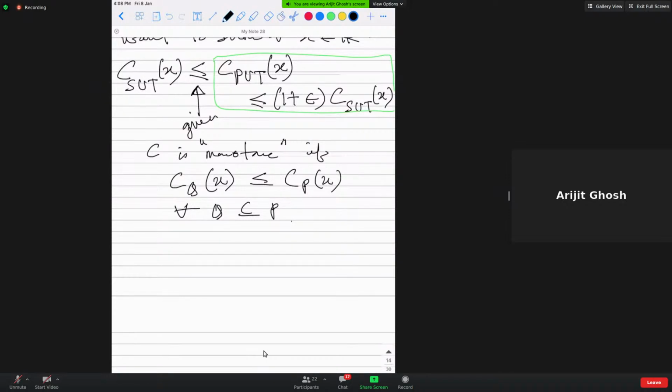Let's look at this thing, C_{P union T}(x).